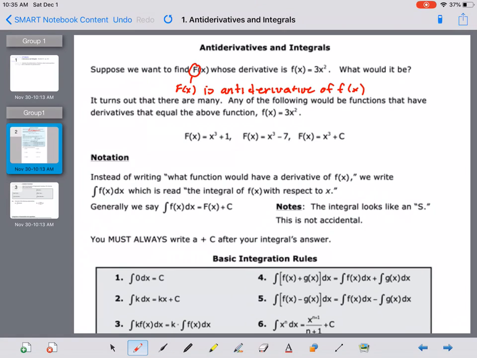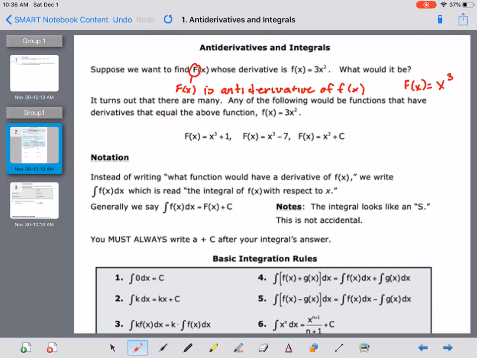If we've taken a derivative and we get 3x squared, that means our F of x was possibly x cubed, because if we take the derivative of x cubed, we get 3x squared. So it makes sense that the inverse operation to get back to the original would give us x cubed.